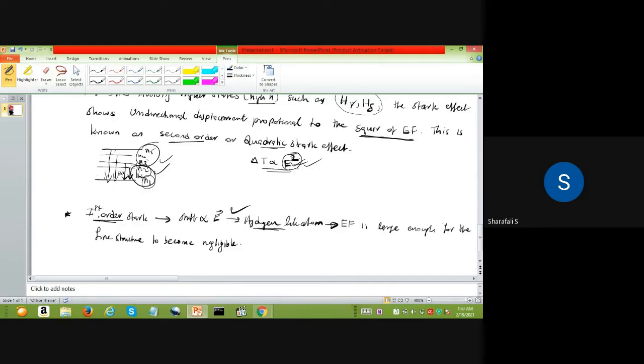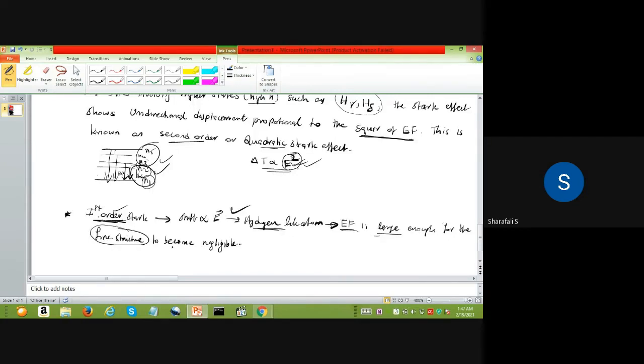If you are considering any heavier atoms, which are larger in size, with different n quantum numbers, then in such cases the second order Stark effect can be observed, but still it is very small. So in this first order Stark effect, the electric field has to be large enough in such a way that the fine structure can be neglected.